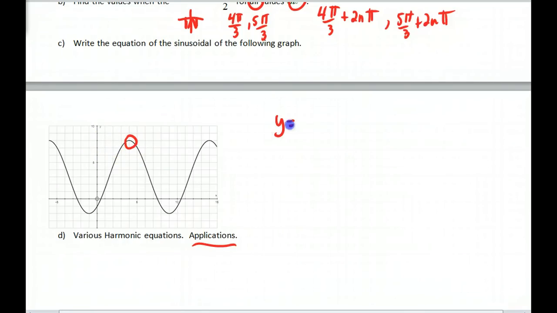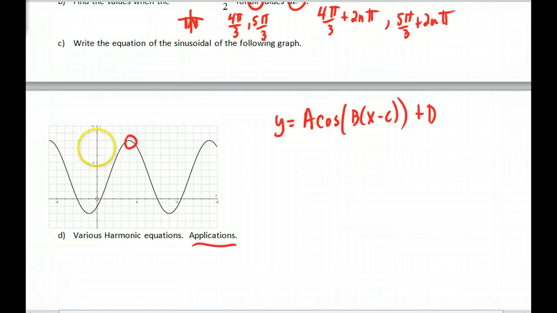So the general form is y is equal to a cosine or sine, and then the nested parentheses, which helps us get this whole thing taken care of. So if I look at the amplitude, this is hard to see maybe, 1, 2, 3, 4, 5, 6, 7, 8. My max looks like 8.